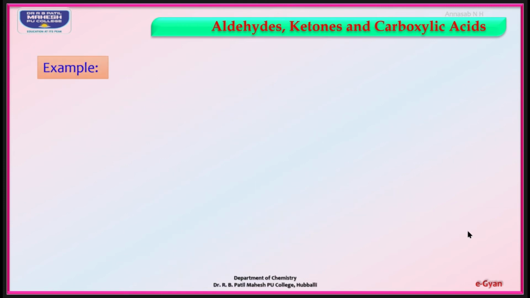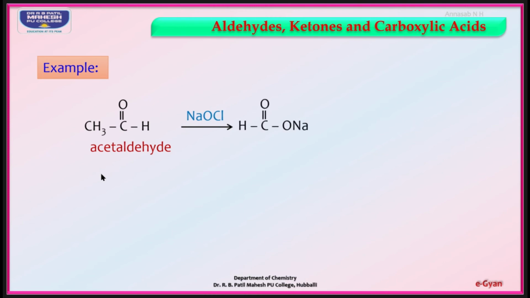Example, CH3CHO, which is the only possible aldehyde which can undergo haloform reaction, because on the other side there is a hydrogen atom which is always present along with the C double bond O and which is considered the aldehydic group, and the only possibility to get haloform is the CH3 in the other position. The name of the compound is acetaldehyde, which when treated with sodium hypochlorite leads to the formation of the sodium salt of carboxylic acid, sodium formate.